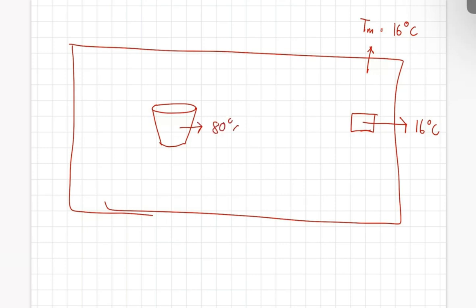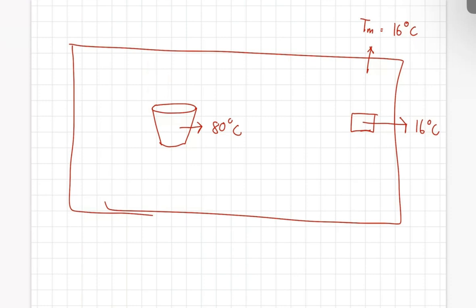Ideally you buy it and then you measure the temperature, for example, it is 80 degrees Celsius. You bring it into the room, which is 16 degrees Celsius. So what do you expect to happen to this coffee?